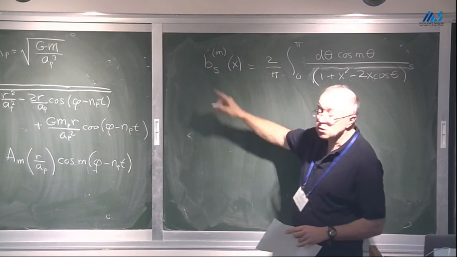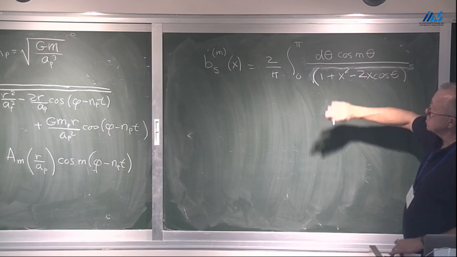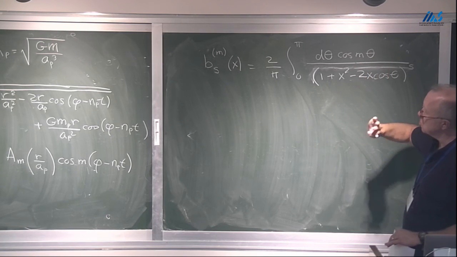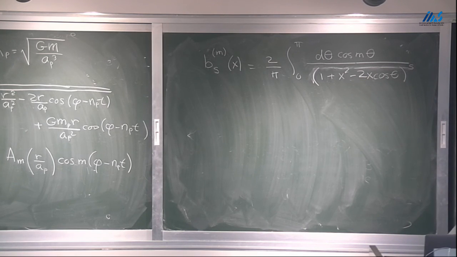Obviously, we're interested in the case where s is a half. There's a huge literature on these things, recurrence relations, relations to other special functions. I think they're a confluent hypergeometric function or something, but anyway, yes.